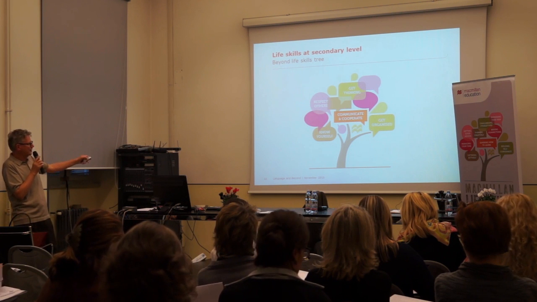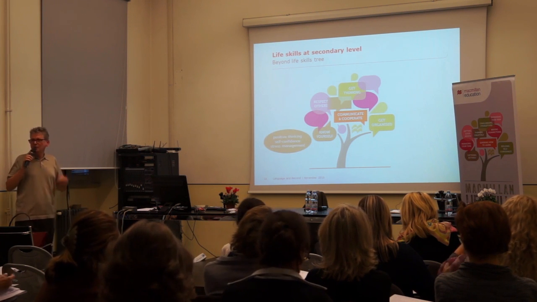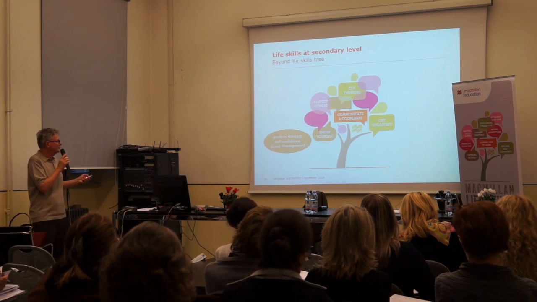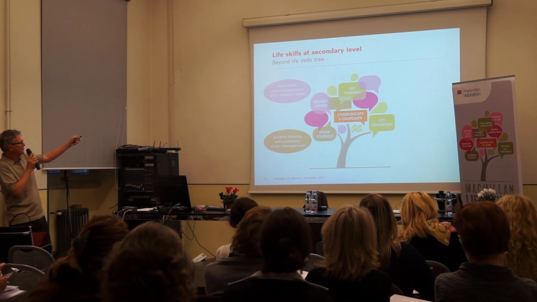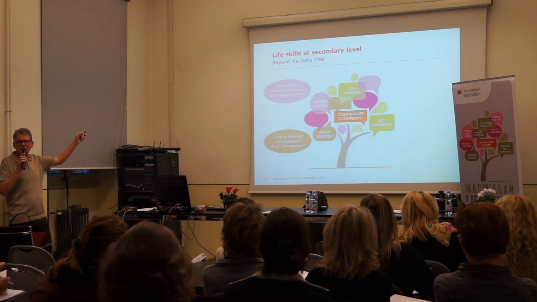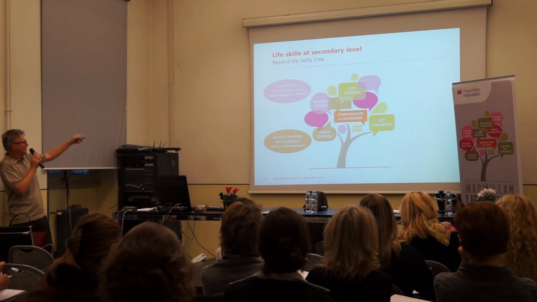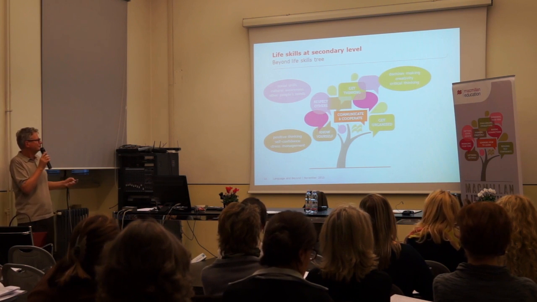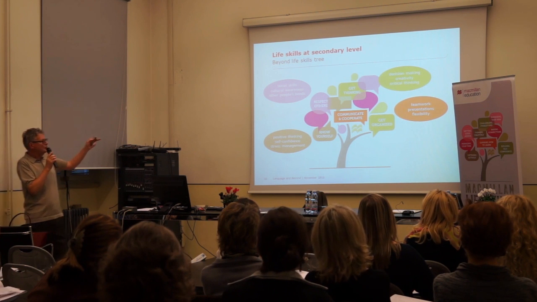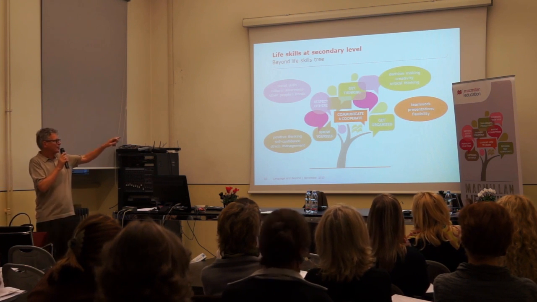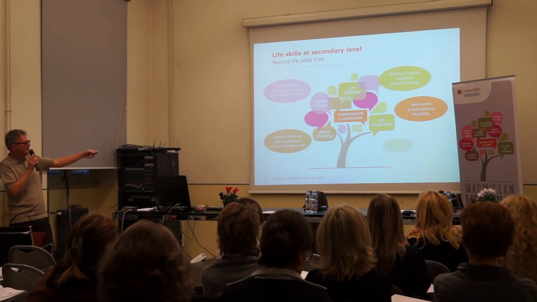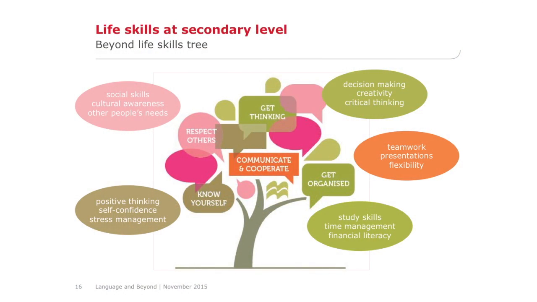And we start off with know yourself down here, which is all about the positive thinking that we were talking about, being self-confident, respecting others, all the social skills, being aware of other people's needs, critical thinking in the get thinking section, communicate and cooperate, which covers working in teams, presentations like this, being flexible, and finally the classic school skills, study skills, time management, and financial literacy.